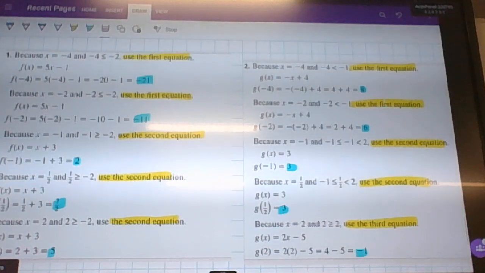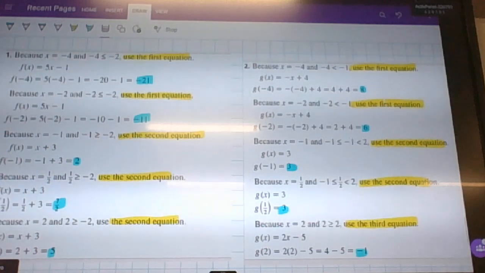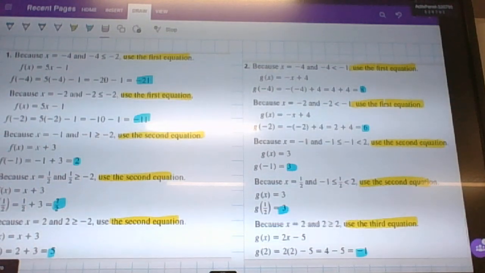These numbers only depend on the plug in.